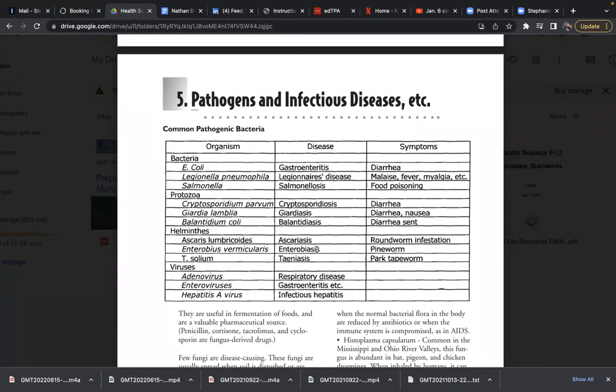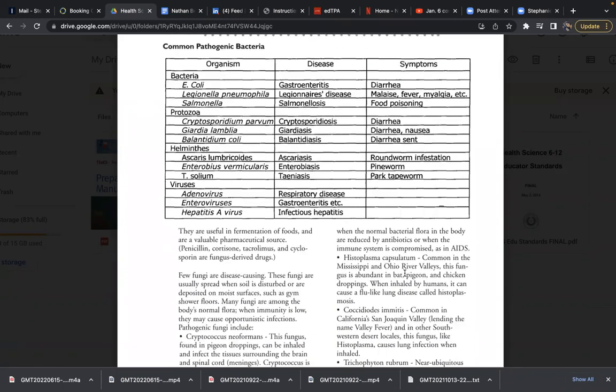But they're not going to ask you about, like, T. solium, what the disease is. They're not going to do that. But the bigger ones that you should and would know, like salmonella, E. coli, hepatitis. Okie dokie.